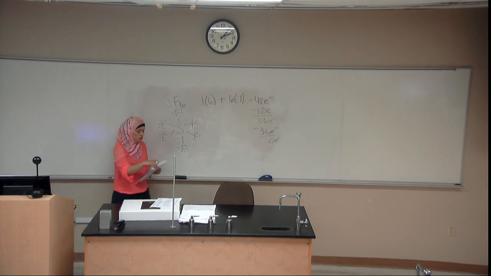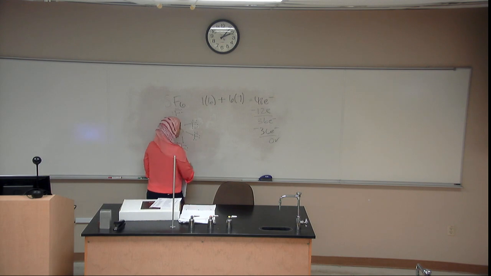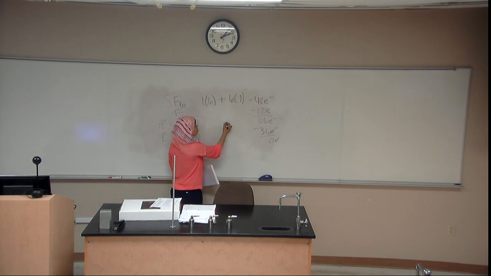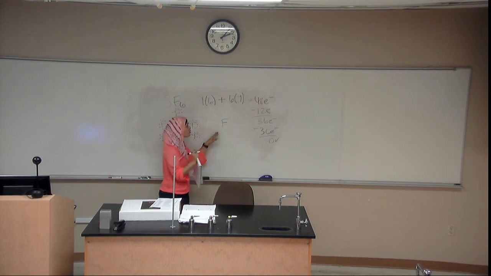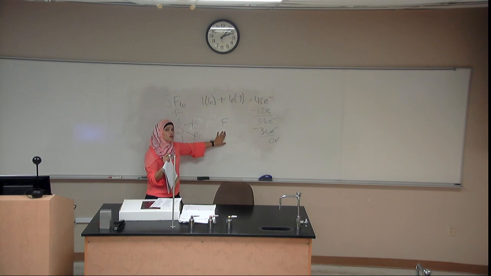And so that's why earlier, when I was talking about BF3, let me tell you something. Can fluorine ever break the octet rule? You've got to ask yourself, is it in period 3, row 3 or below? No. Fluorine is in row 2, which means fluorine can never, ever break the octet rule.